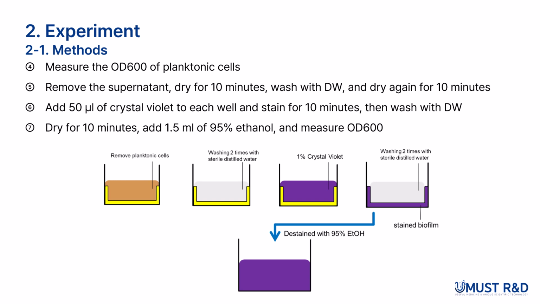Add 50 microliters of crystal violet to each well and stain for 10 minutes. Wash again with distilled water. Dry for another 10 minutes, then add 1.5 milliliters of 95% ethanol. Finally, measure the OD600 again to estimate the amount of biofilm formed.